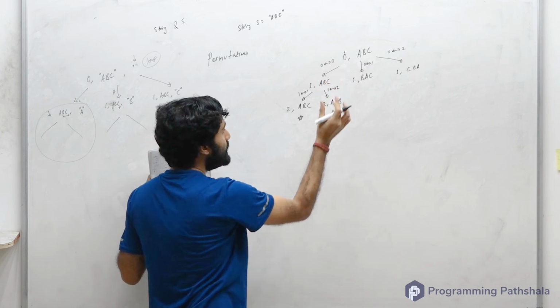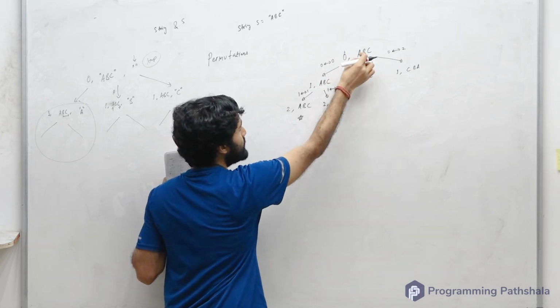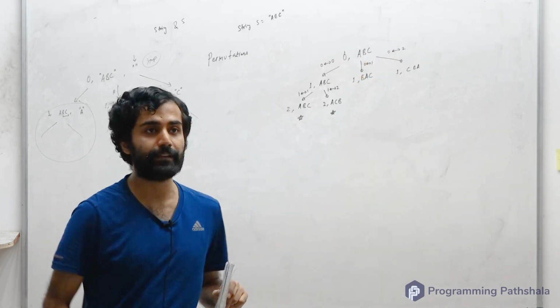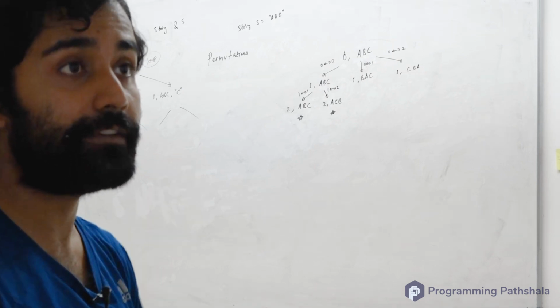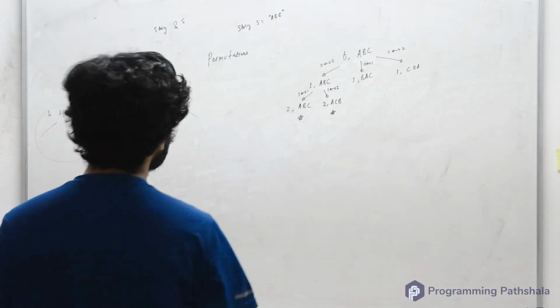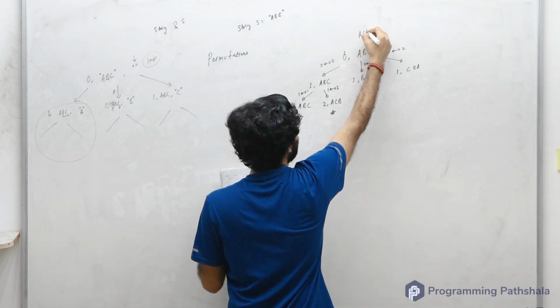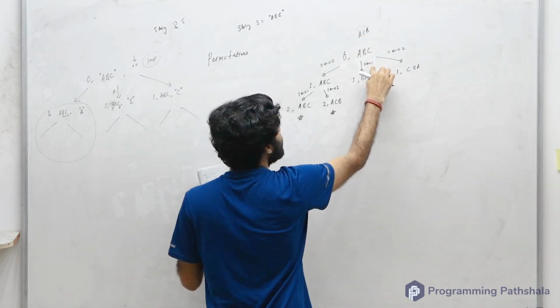Tell me one thing, guys. By the time control from here transfers here and then transfers here, how will this string look? Because this was passed by reference, will it continue to be ABC, or would it have got changed? It would have got changed, right? Because it was passed by reference. So when the control comes back to this point, you will get ACB. And with ACB, if you perform a swap of 0, 1, what will you get?